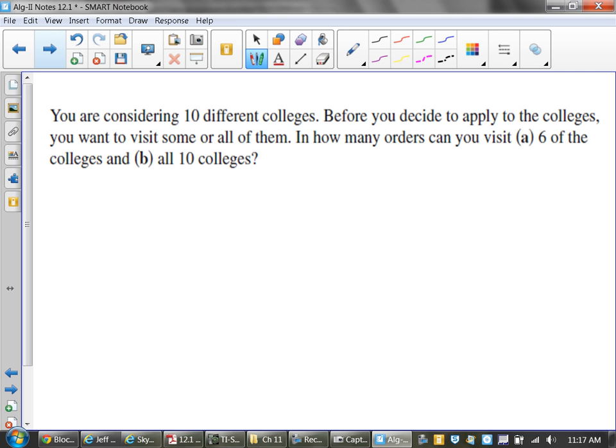You are considering going to 10 colleges. Before you decide to go to college, you want to visit some or all of them. So how many different ways can you go to 6 of them? There are 10 total.